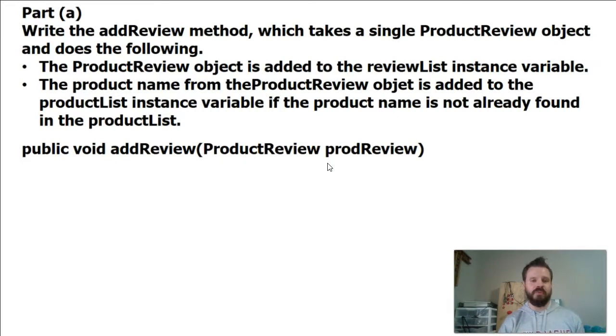And then the product name from the product review object is added to the product list instance variable if the product name is not already found in the product list. To sum that up, we're going to plug a product review object into this method. We're going to add that review to the review list, and then if its name isn't already in the product list, we're going to add the name to it. So in that product list, there will be no repeat names.